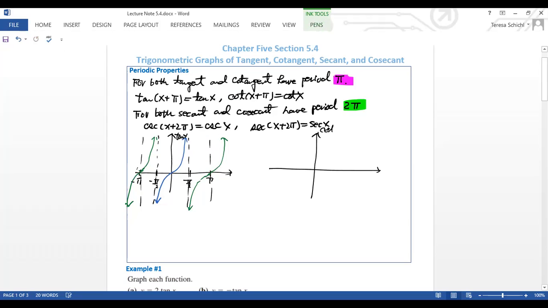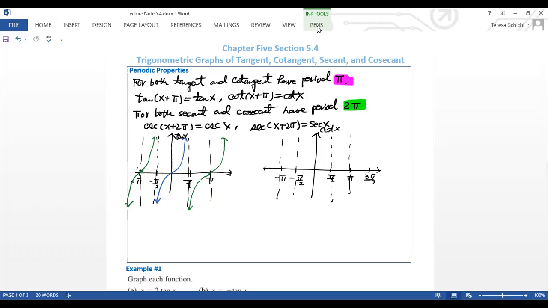Now let's take a look at the cotangent here. This is my cotangent axis. So it's pi over 2, pi. I'm going to show you how they repeat: pi over 2, pi, 3 pi over 2, and then negative pi over 2 and negative pi. Those are my asymptotes here.